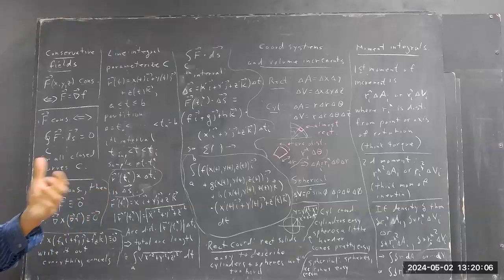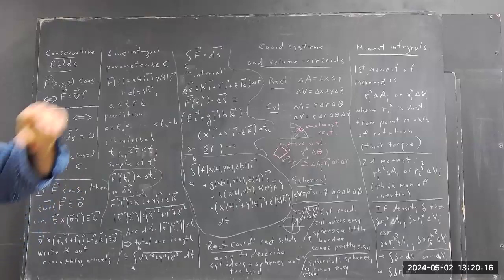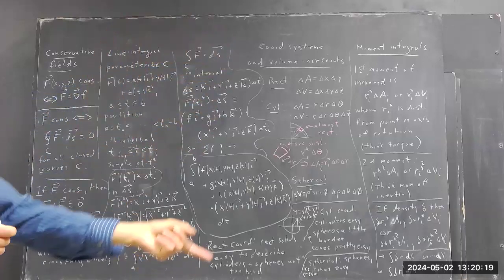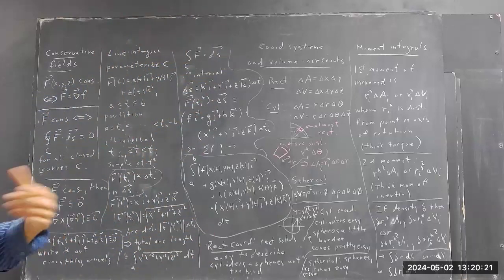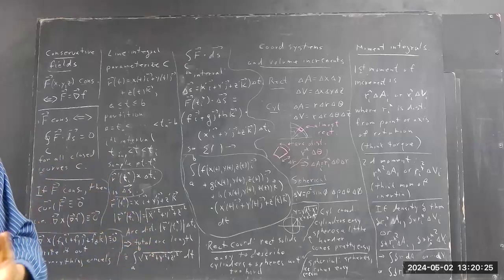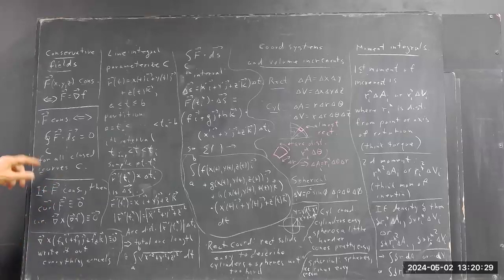Just like integrating x squared from 3 to 3. Except in that case you don't have a curve to follow because you're only in one dimension. Here you follow any curve that stays within the domain of the function and where the function is continuously differentiable. So that's true for all closed curves.